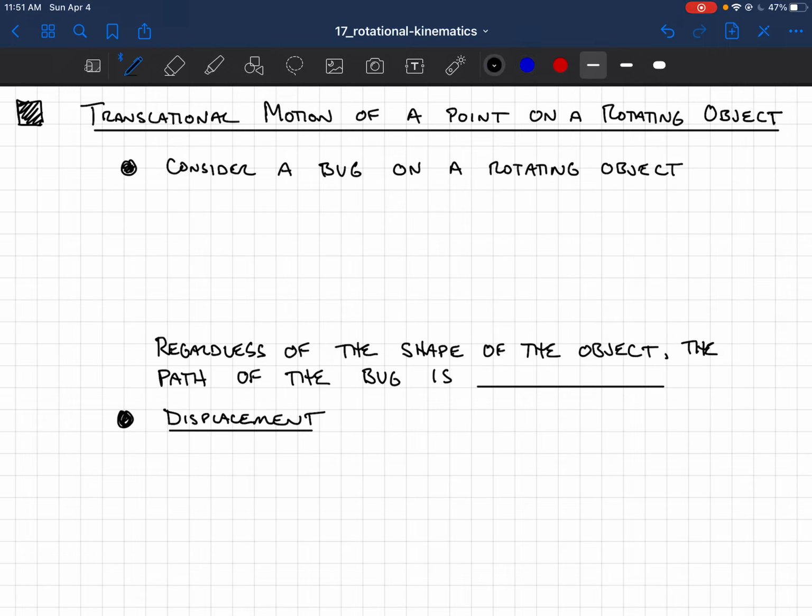So let's just draw some weirdly shaped object. I don't know, maybe there's some weird thing like this. It's going to be very hard for me to draw that a second time. We'll assume that it's going to be rotating about some axis. And then we can place a bug on it at some random position. How about here?